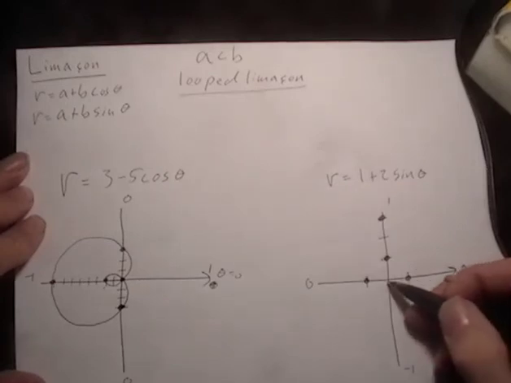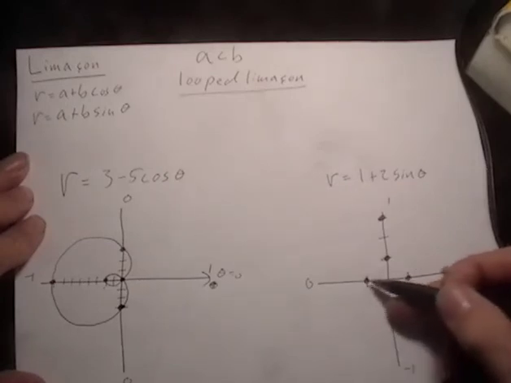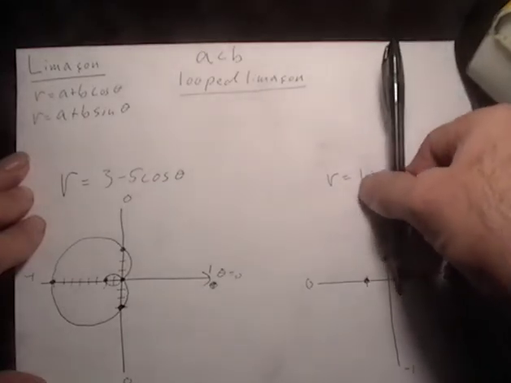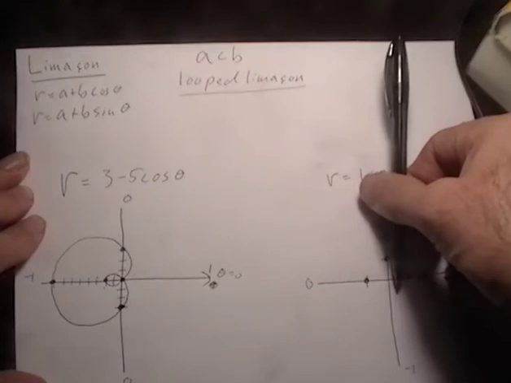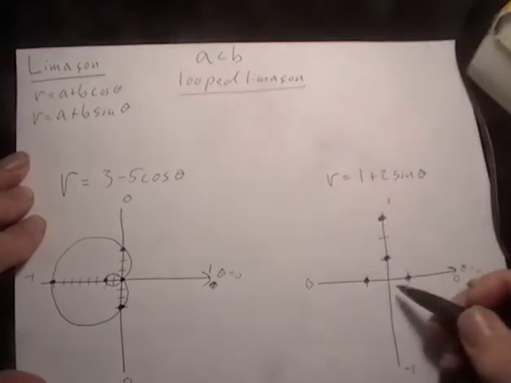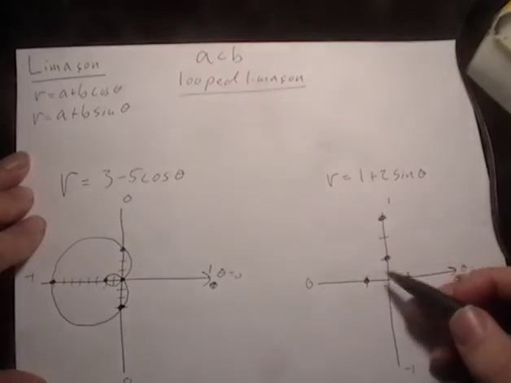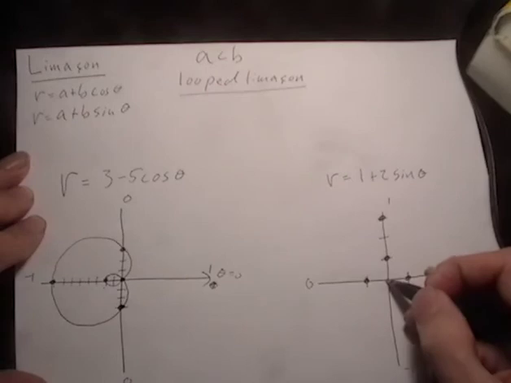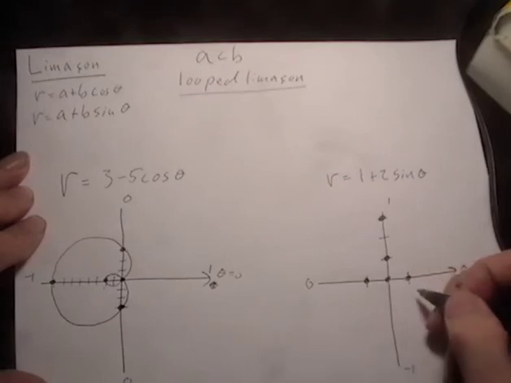Once again, recall that in this direction, theta is pi, and r is going to be a positive 1, while in this direction, theta is 3 pi over 2, so I'm looking south, but r is going to be negative 1. If r moves from positive to negative, it has to pass through 0.